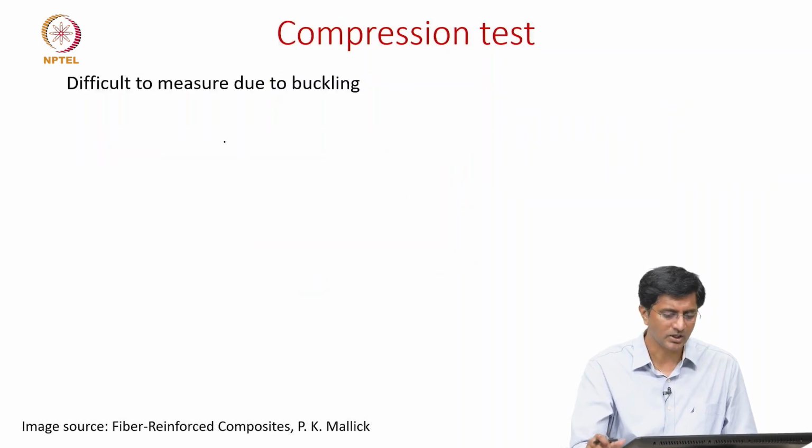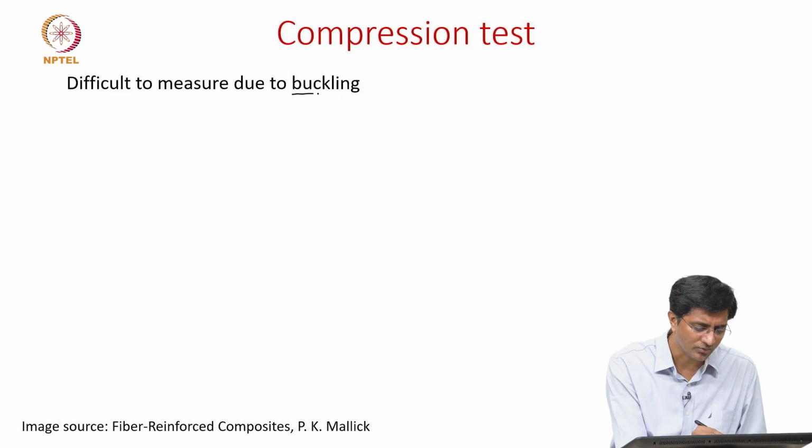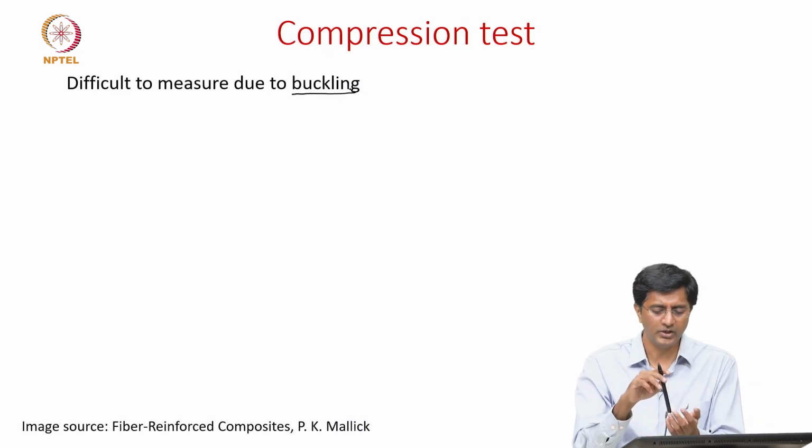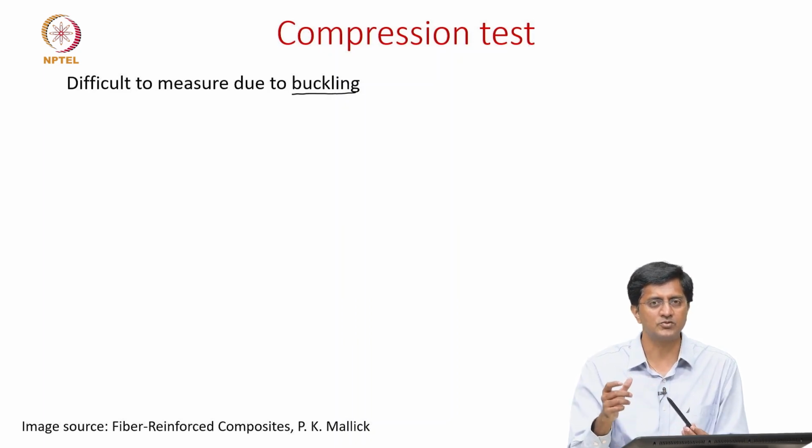Next comes the compression test. Usually compression tests are much more difficult compared to the tension test, mainly because of buckling. We know that composite panels usually have high slenderness ratios, meaning their dimensions are much longer compared to the thickness of the panel.